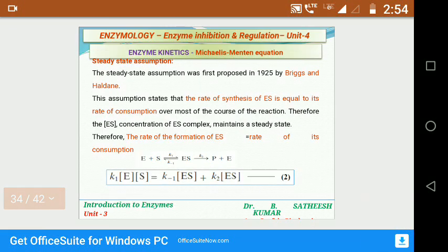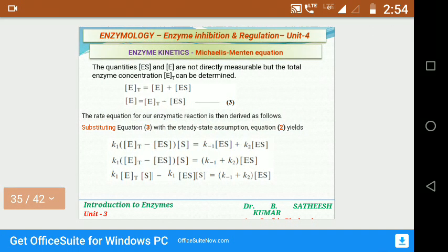This is a very important thing in solving the equation. That means the enzyme substrate complex concentration will be at a steady state most of the time during the enzymatic reaction. So that is why the formation of enzyme substrate complex and the dissociation of enzyme substrate complex are equal most of the time.